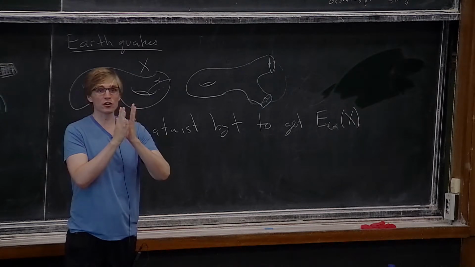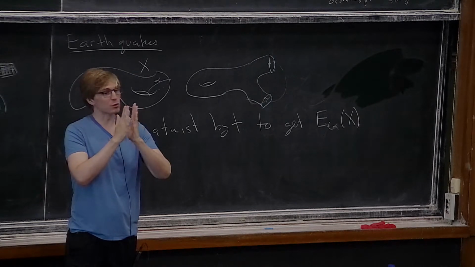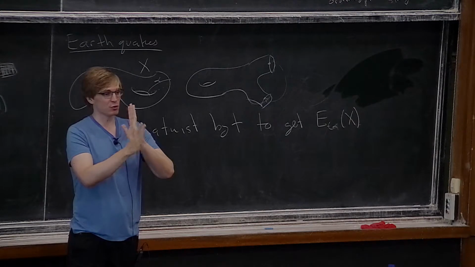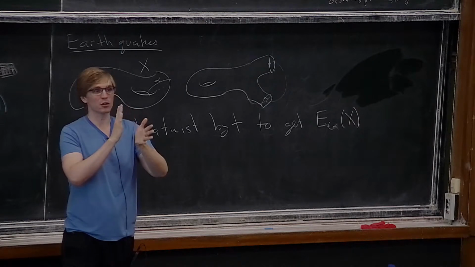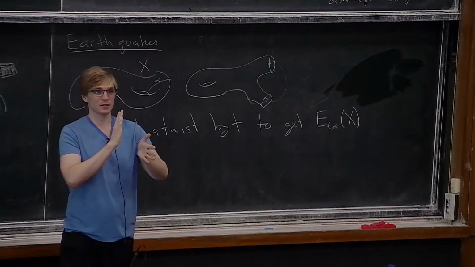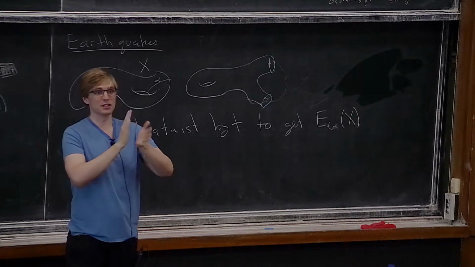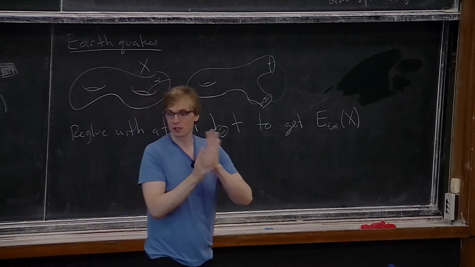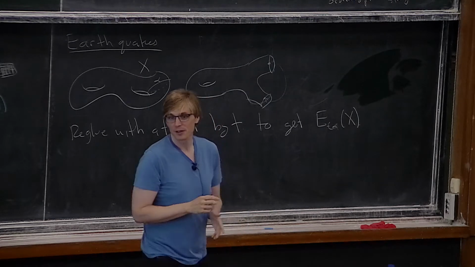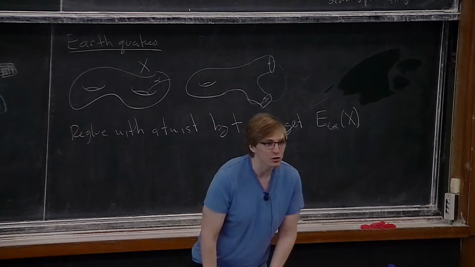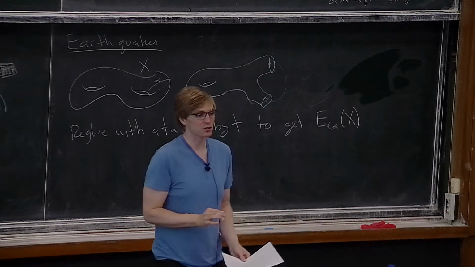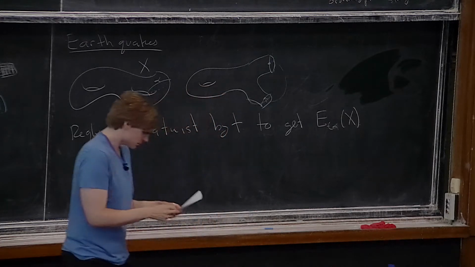If you do one earthquake, each will see the other one move to the left. If you do an earthquake in the other direction, each will see the other one move to the right. And so this only depends on the orientation of the surface. You don't have to pick the orientation of a curve. So we're doing either right earthquakes or left earthquakes, and it just depends on an orientation on the surface.